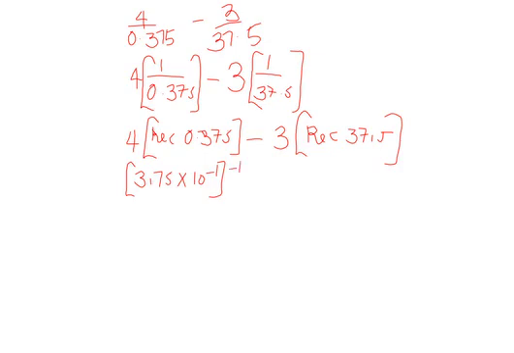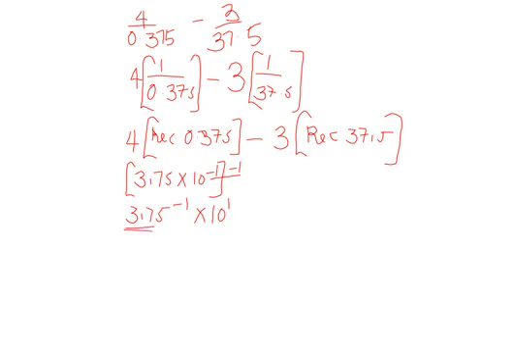So this will be 3.75 power -1 multiplied by 10 power positive 1, because we have -1 multiplied by -1, which by the law of indices gives us +1.